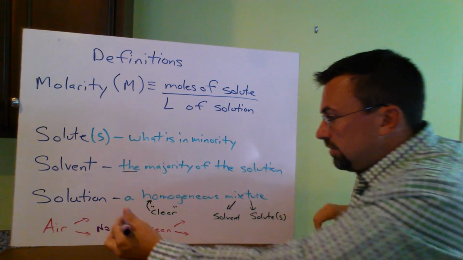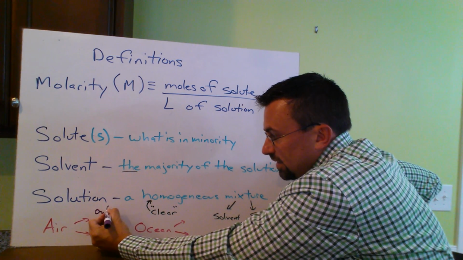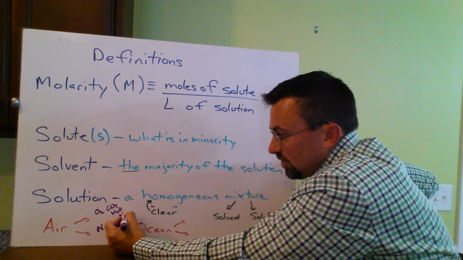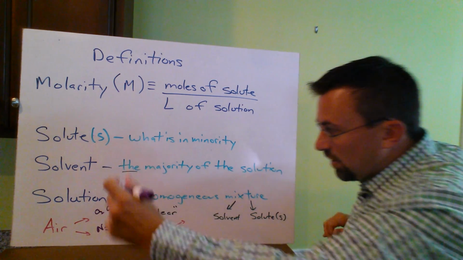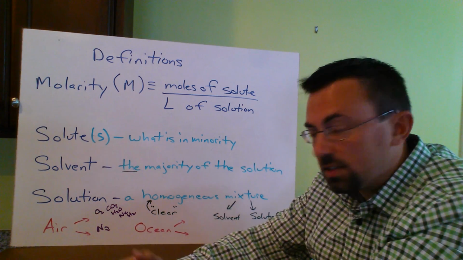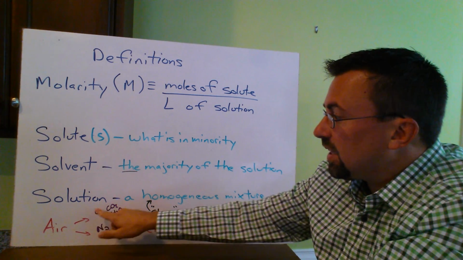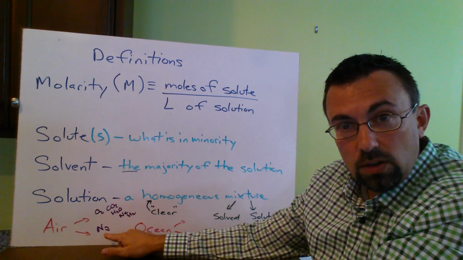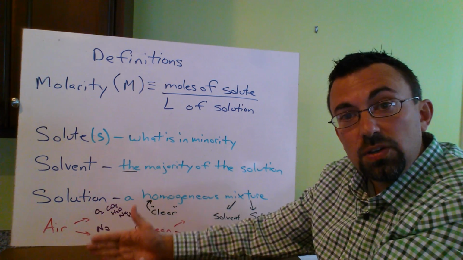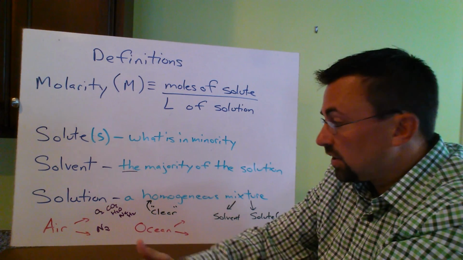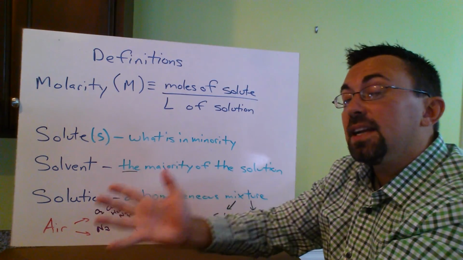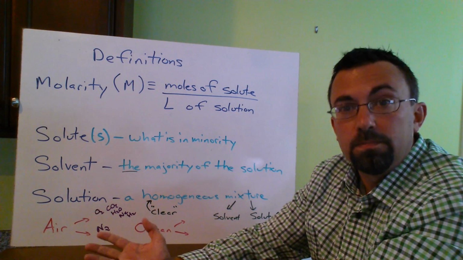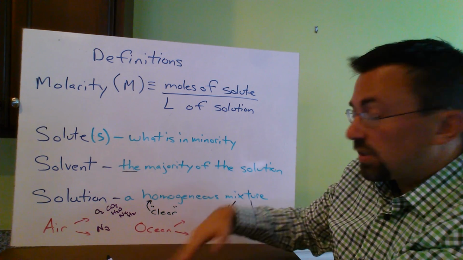Well, we have oxygen, carbon dioxide, water vapor, hydrogen, neon, etc. Methane, probably not huge amounts of these things, but trace amounts. So we can have a lot of solutes, but only one solvent. And usually you talk about solutes being dissolved in solvents. So if you were to really describe the air, the simplest description of it would be oxygen dissolved in nitrogen, with trace amounts of the other things.